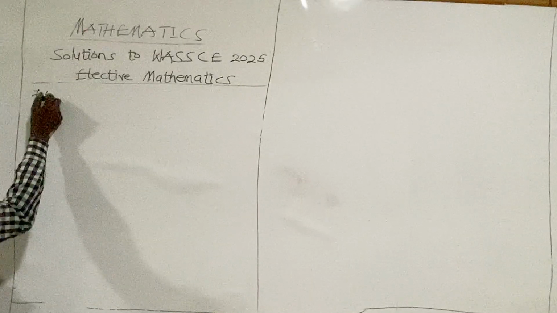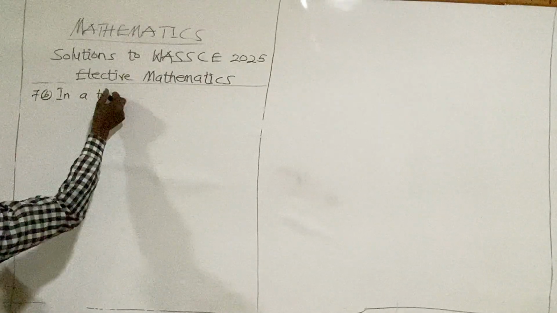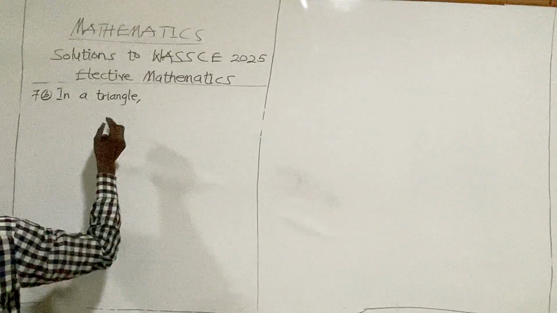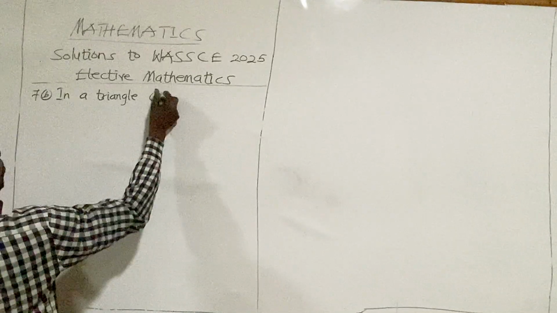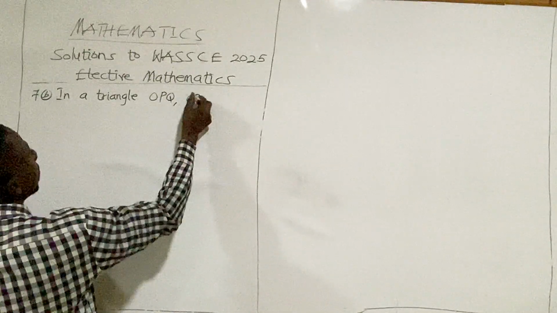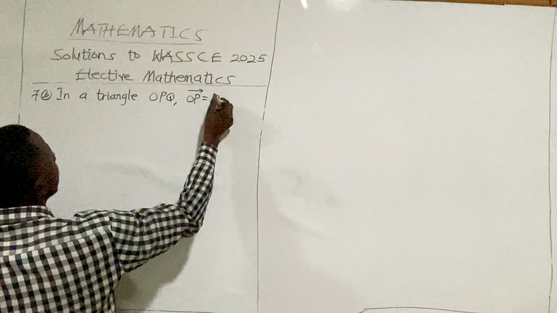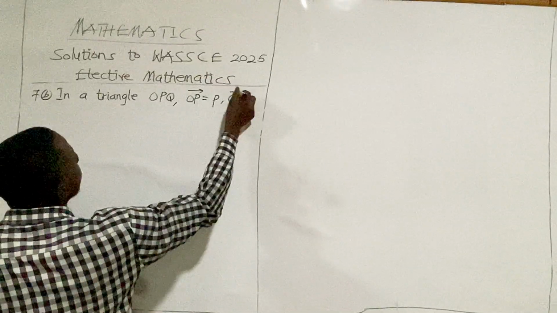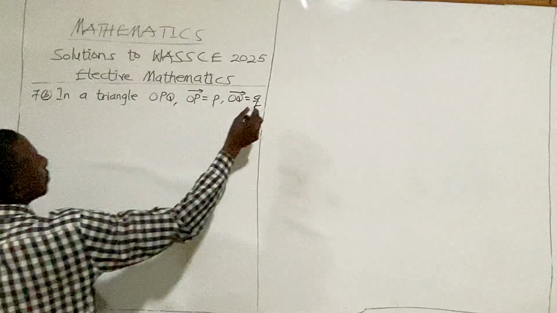7B. In a triangle OPQ, vector OP is equal to p, OQ is equal to q.